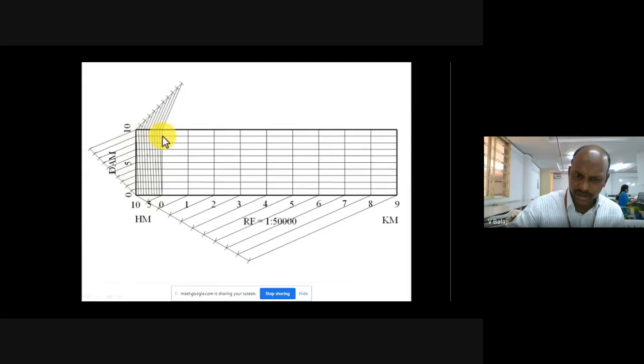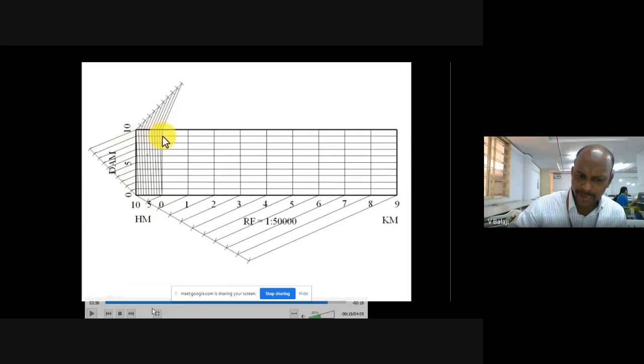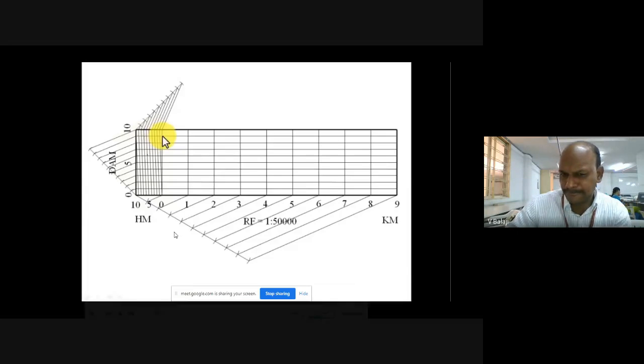Can you guess? 0.5 kilometers is here. Any other answer? See here, hectometer lines are inclined lines, right? Decameter lines are horizontal.